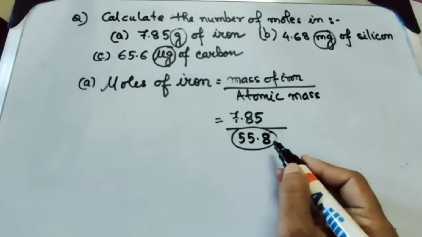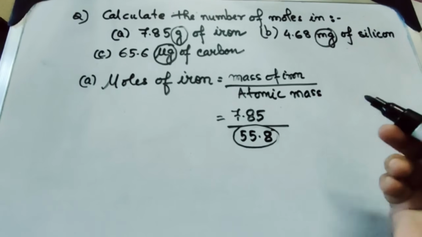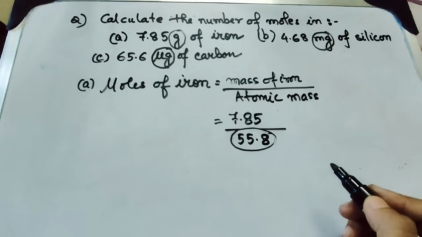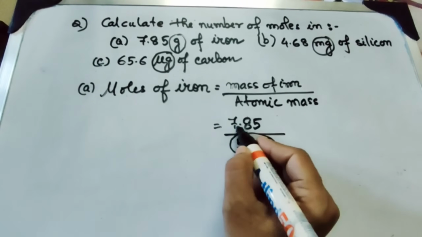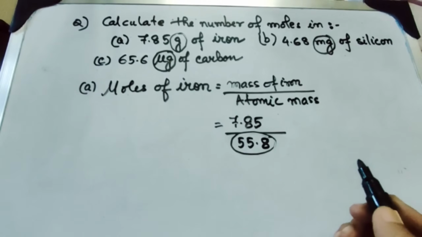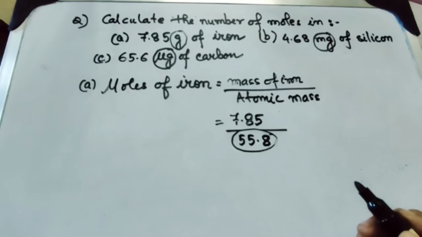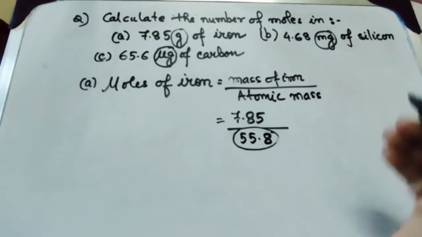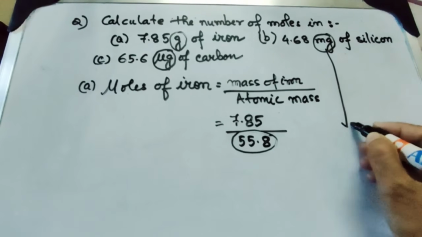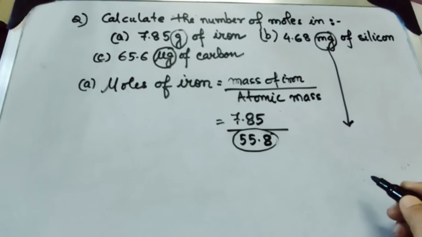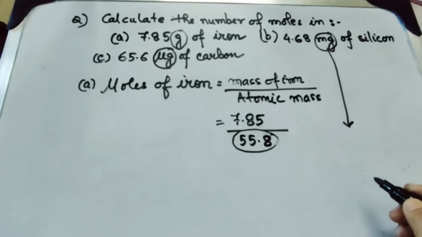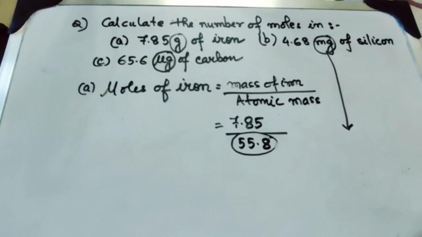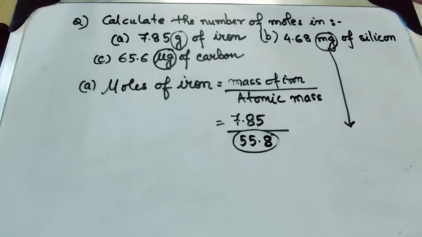So this should be equivalent to 1 mole of iron. So how many moles are present in 7.85 gram of it? It becomes 7.85 by 55.8. Now here again, for silicon it is given in mg, so we need to convert it to gram. See, 4.68 mg of silicon.